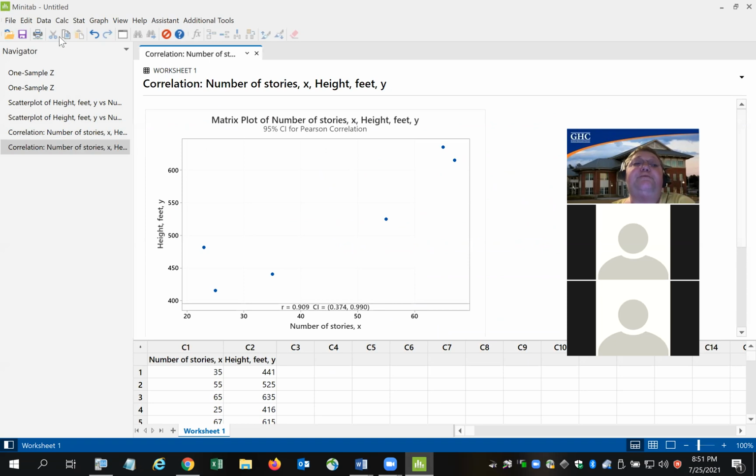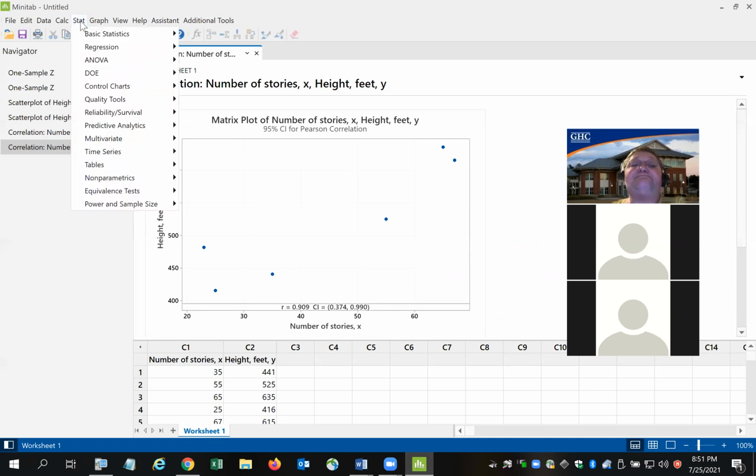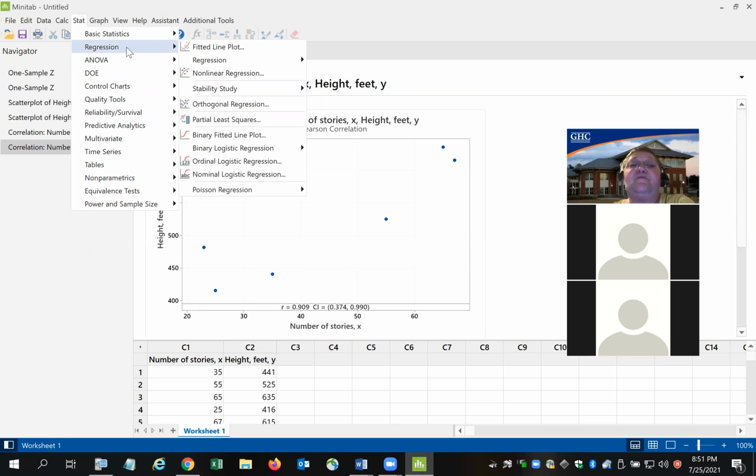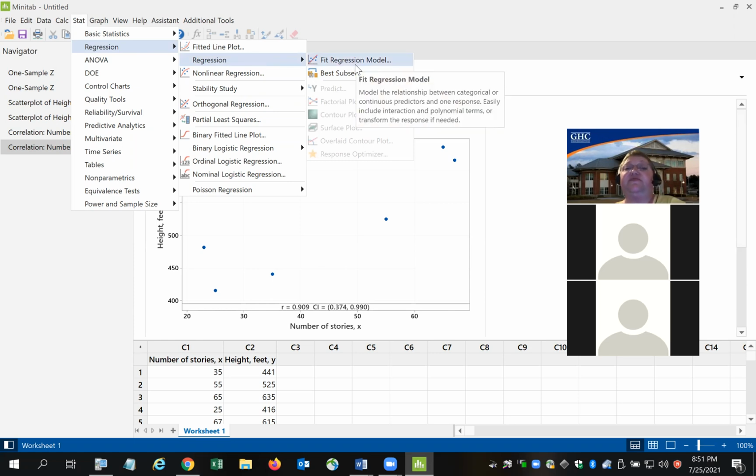And we're going to go Stat, Regression, Regression, Fit Regression Model.